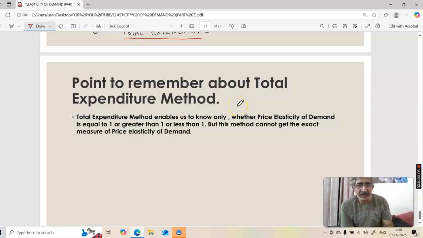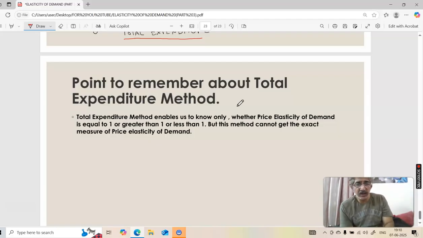We just can make out whether it's unitary elasticity or elastic demand. Elastic demand would happen when EP, that is price elasticity, is greater than 1, and we'll call it inelastic demand when it's less than 1. So we just get to know whether it's elastic, unitary elastic, or inelastic demand.